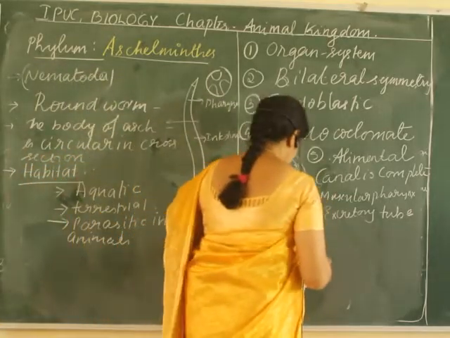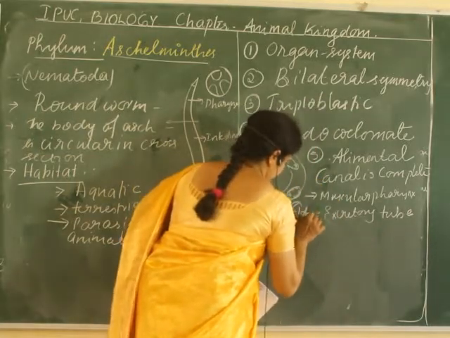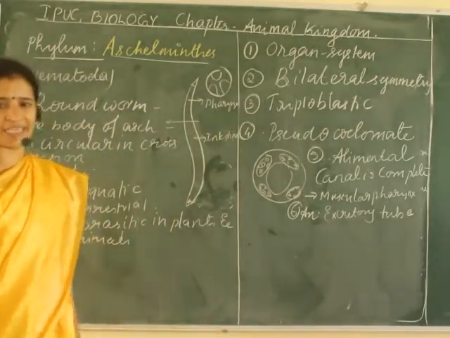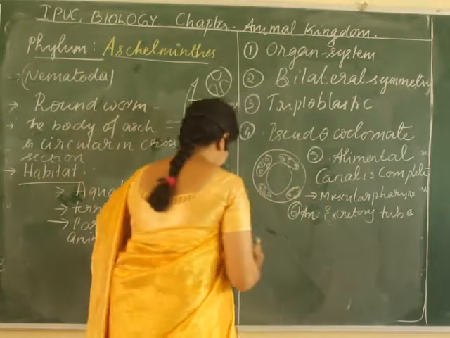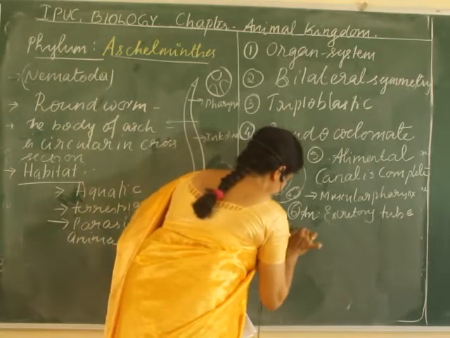Okay, what is the function of the excretory tube? It acts as an excretory organ, so it removes the body waste. How? From where?